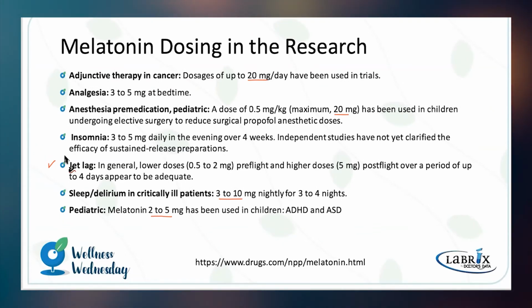You fly to Spain from America, you're in a whole different time zone, so you need to reset your time clock, and this was a fast way of resetting it. But it was confusing because people didn't know when or how to take it. Based on these studies, we now know there's an appropriate mechanism and timing structure for taking it.